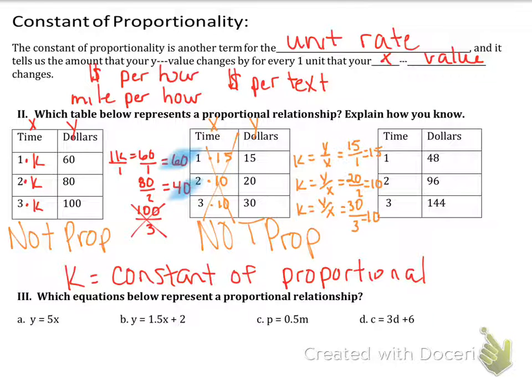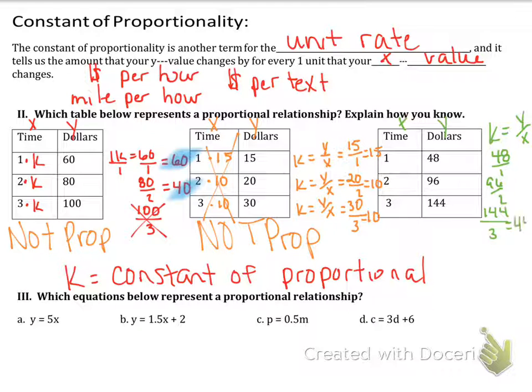Alright, our next graph. We have y and x. So our constant proportionality is y divided by x. So we get 48 divided by 1, 96 divided by 2, and I'm running out of room, so it's going to move over. 144 divided by 3.